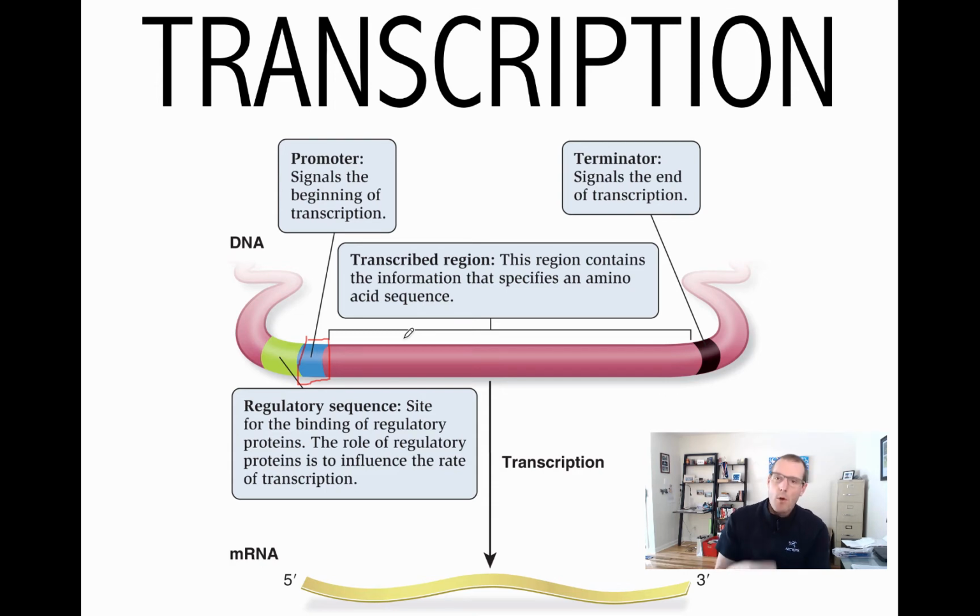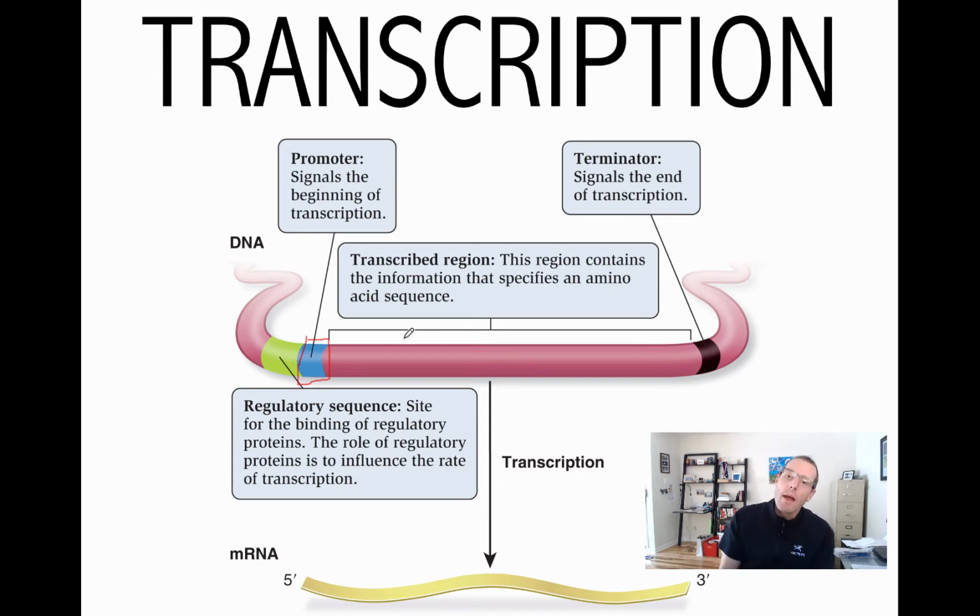Once the polymerase has started making a sequence of nucleotides using the information in a gene, it enters what's called the transcribed region. And so we have initiation of transcription at the promoter and then elongation through the transcribed region, where the information is just being read in the gene and the corresponding nucleotides are being added to the mRNA or whatever molecule is being produced, whichever RNA is being produced.